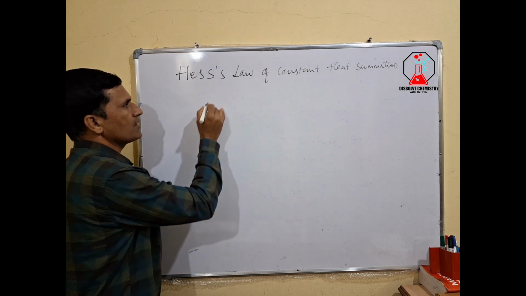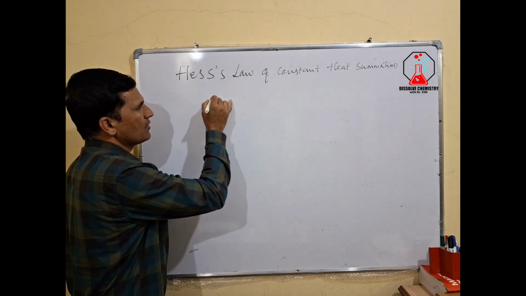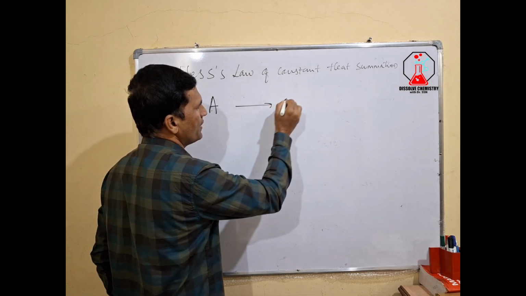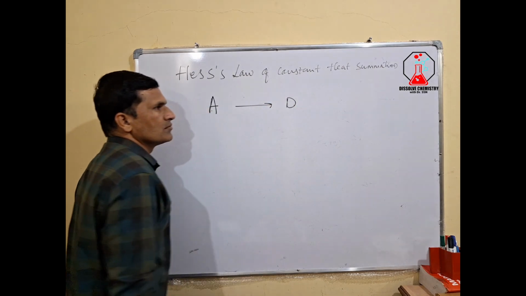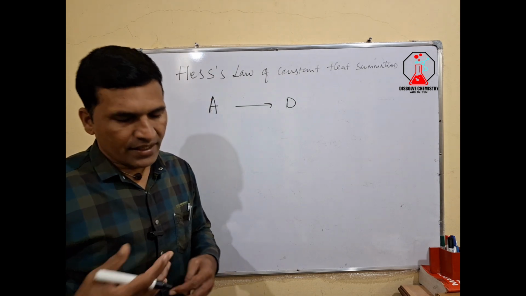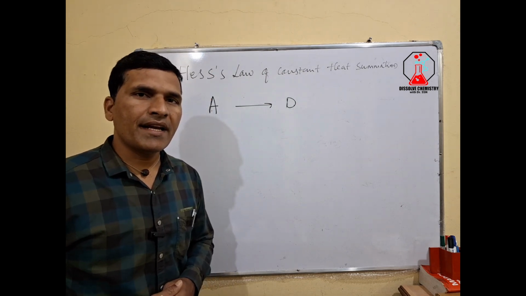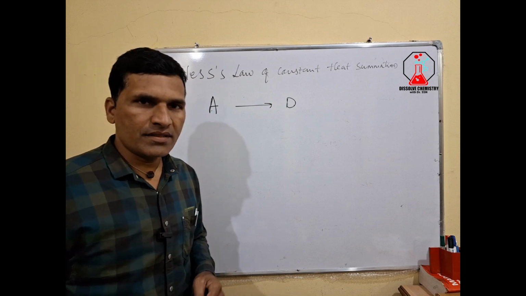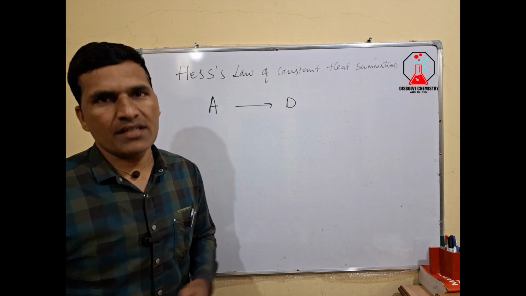Let us consider a general reaction where I want to determine A converted into D. I can convert A to D directly, or I can convert A to D in several steps.